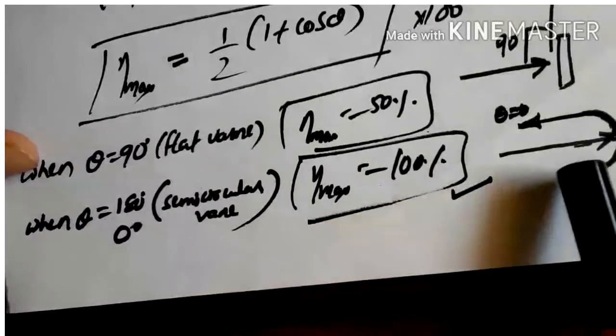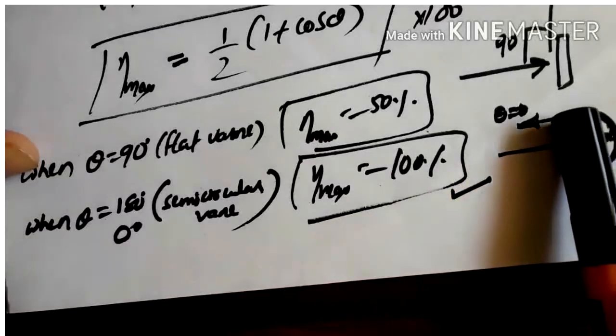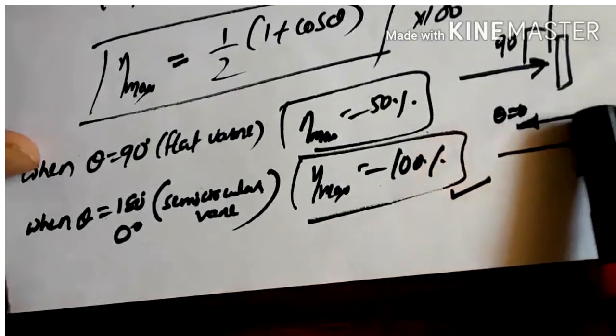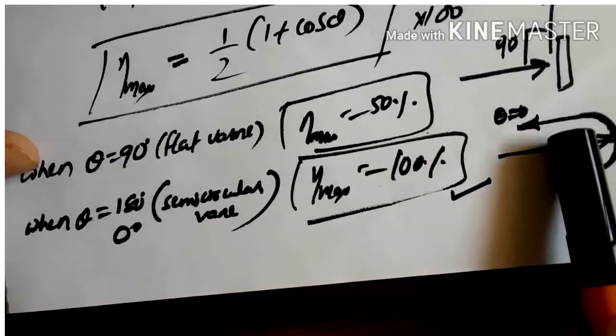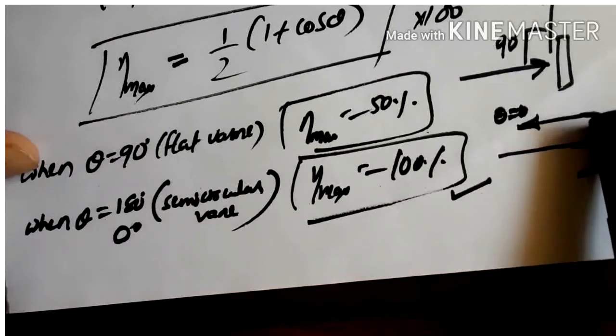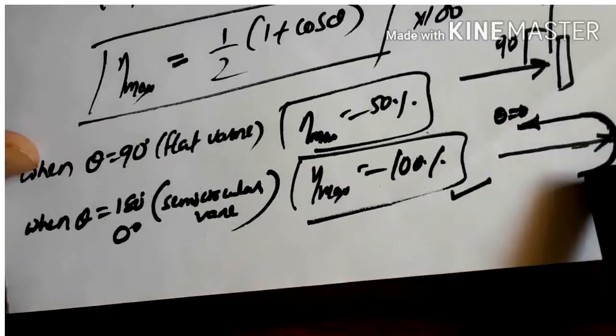So 0 degrees means the jet strikes and leaves at an angle of 0 degrees like this. If such vanes are provided on the periphery of the impeller, definitely we can achieve 100% efficiency.